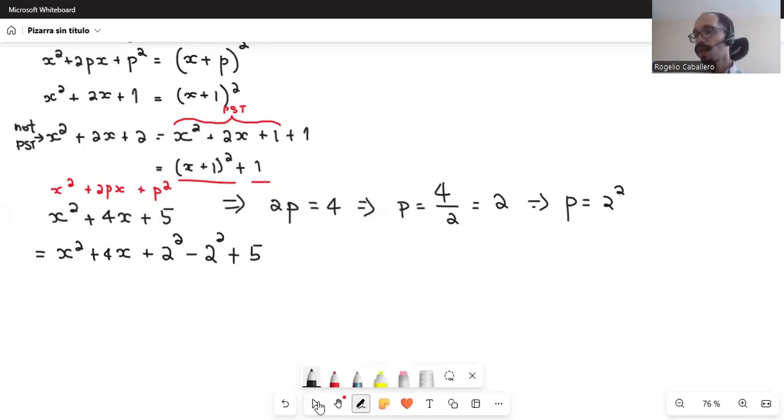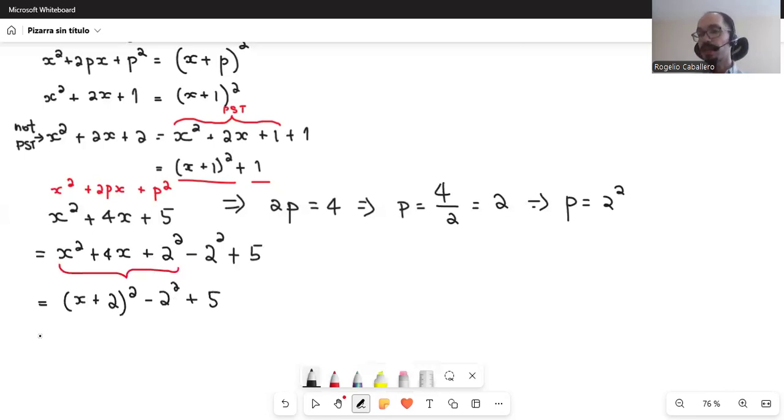As we said, we already have here a PST, so let's factor it out. That's going to be x plus 2 squared, and we have here minus 2 squared, don't forget about that, plus our independent term.